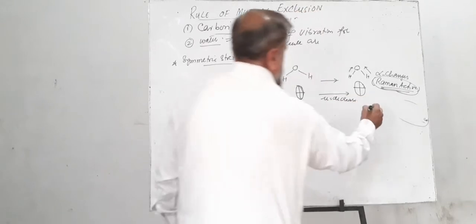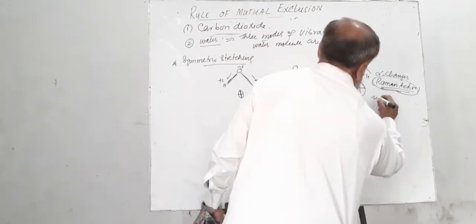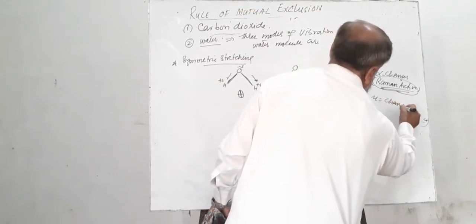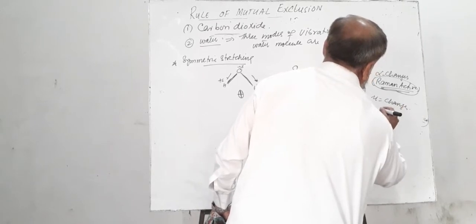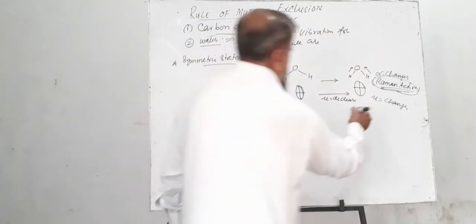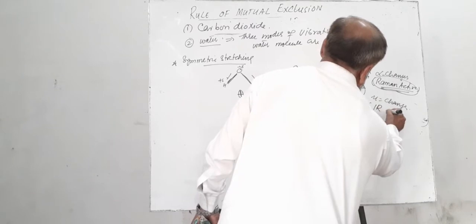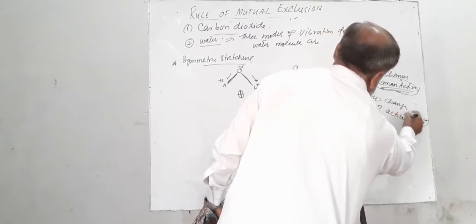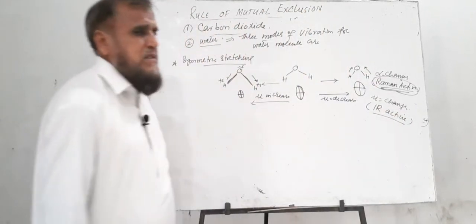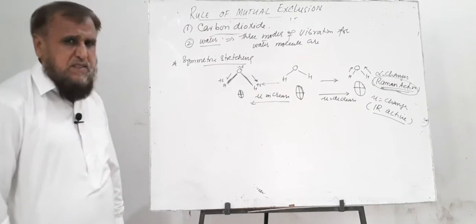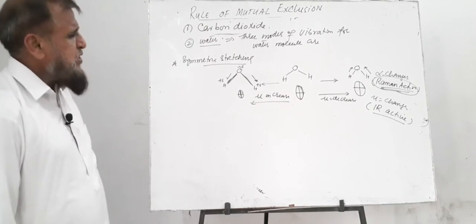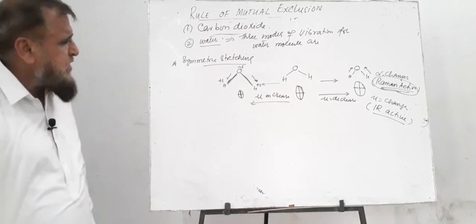So there is a change in dipole moment. Dipole moment changes, hence this vibration will be IR active. This vibration will be Raman active because the polarizability is changing, and it will also be IR active because the dipole moment changes.